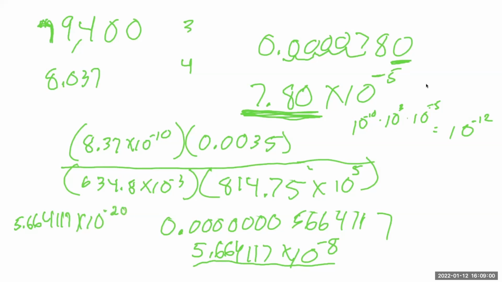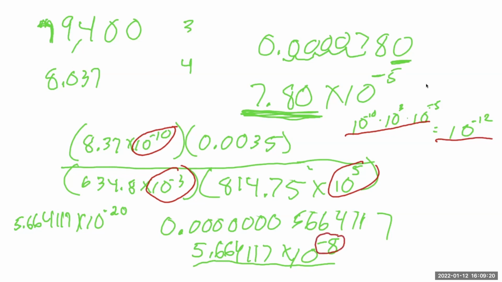Does that make sense so far? We took our 10 to the -10, 10 to the -3, and 10 to the 5th, and that came out to 10 to the -12. Then multiplying by 10 to the -8 gives 10 to the -20.